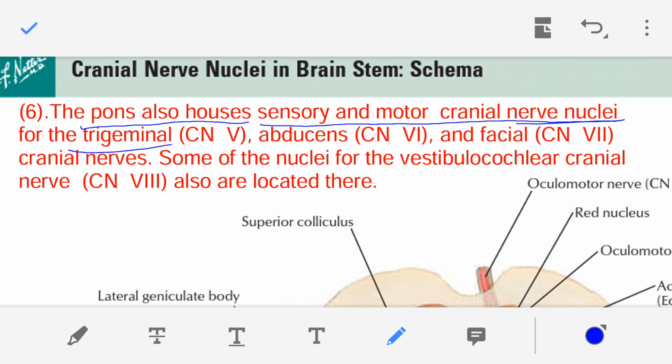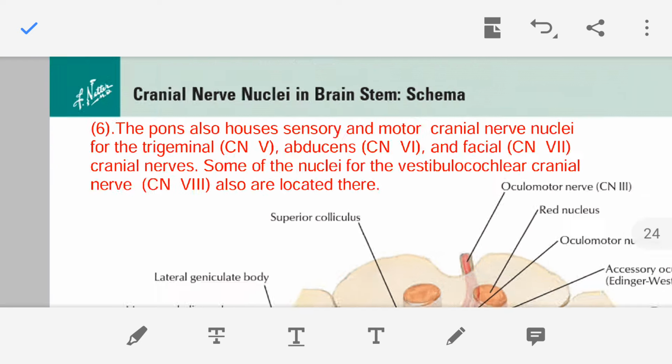So trigeminal, abducens, facial cranial nerves. All these nerve nuclei are located in the pons. Then the nuclei of the vestibulocochlear cranial nerve are also located in the pons.